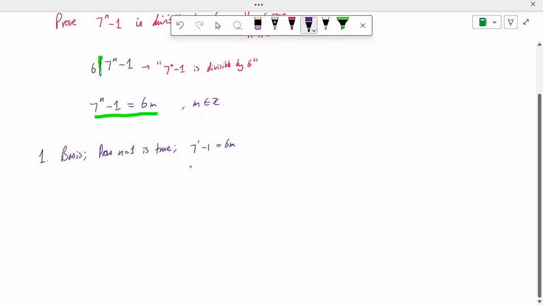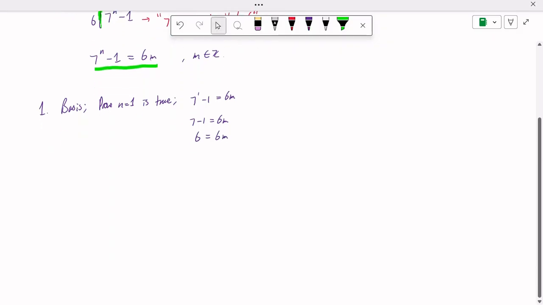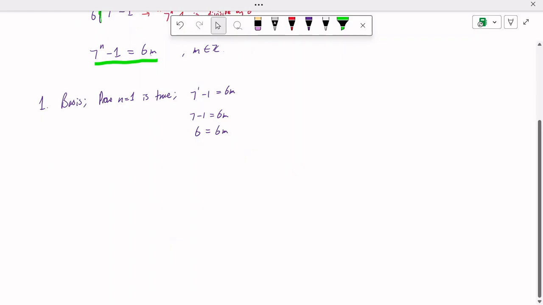Let's check. That's going to be 7 take 1 equals 6m, 6 equals 6m. Cool. So this works. I'm not trying to calculate m, but the fact that I've got 6 equals 6 times something means I'm done.